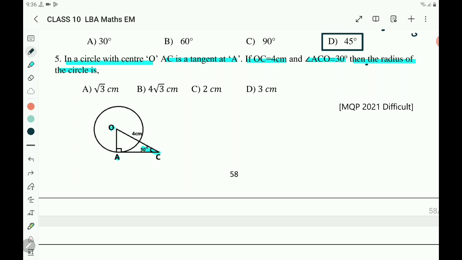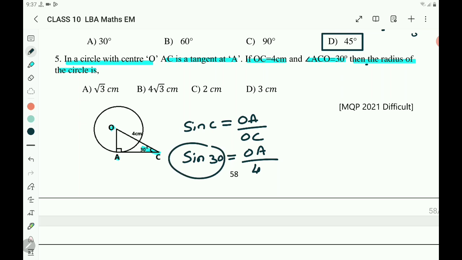Then let us write here sin C equals OA by OC, opposite side by hypotenuse. So C is how much it is given? 30 degree. Right, sin 30 degree is equal to OA, which is to be found out. OC is given. OC is 4.